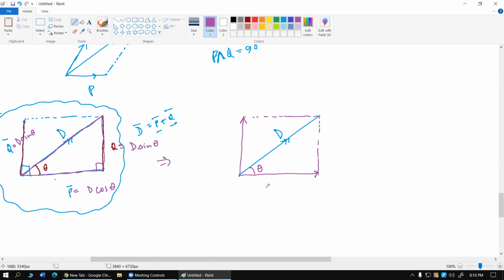So that way I can say this component, sometimes we label this as dx, sometimes we label this as dy. X and y actually comes from the basic idea of the coordinate system.